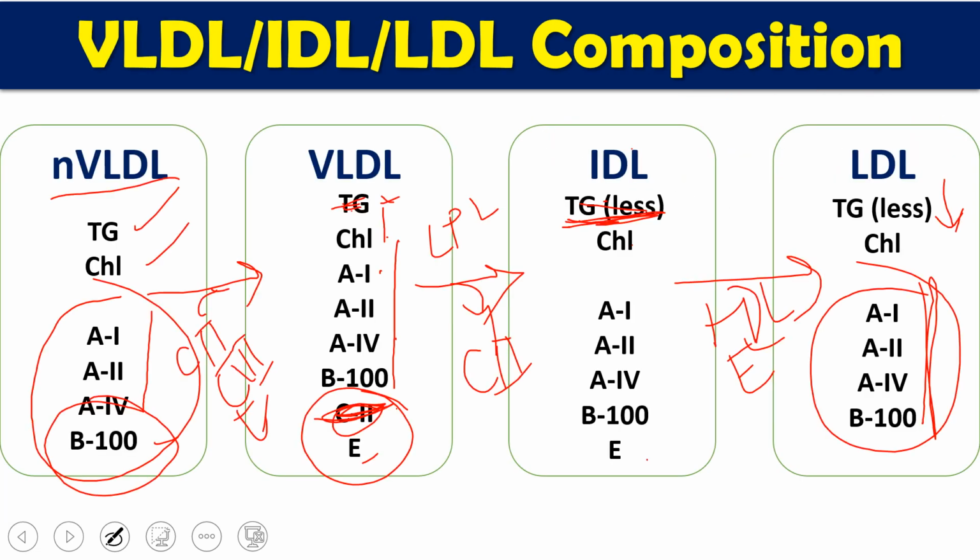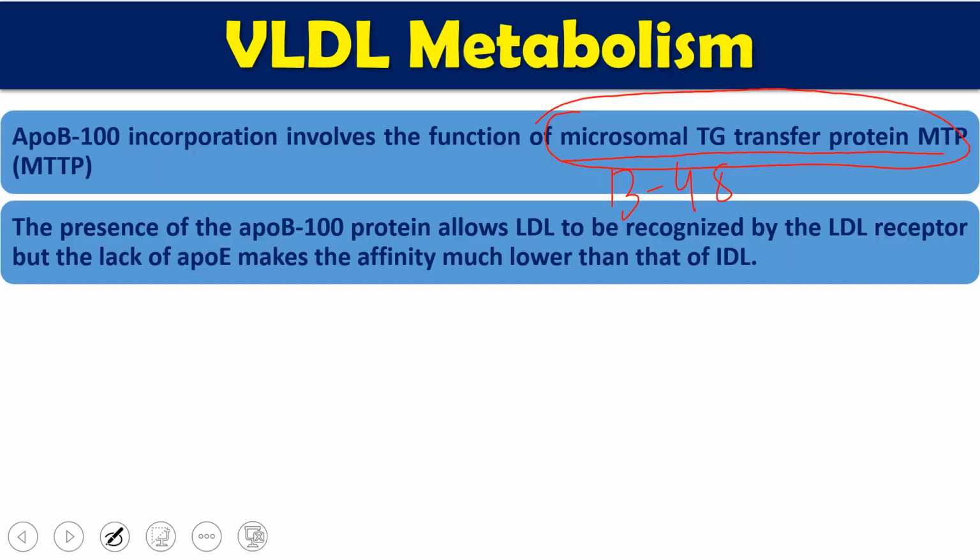So if you see here, in case of IDL, both E and B100 are there. This B100 will bind to the LDL receptor, but E increases its efficiency. In case of LDL, it does not have E, so its efficiency is very less. So the presence of ApoB100 protein allows LDL to be recognized by the LDL receptor, which is present on the hepatocytes.